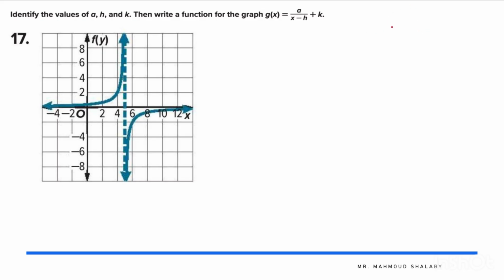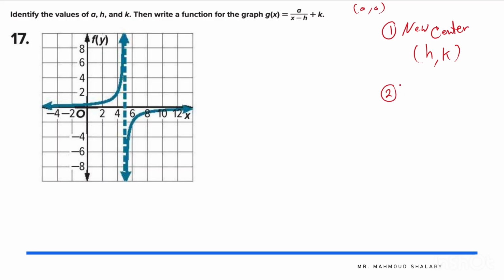The first thing, remember we said that the normal center is always 0 and 0. The first step to solve this question, which will make it very easy to find the values of h and k, is by finding the new center. The new center will always be represented by h and k, and we will see this in the graph in a minute.